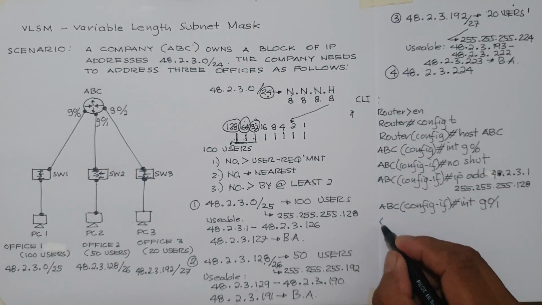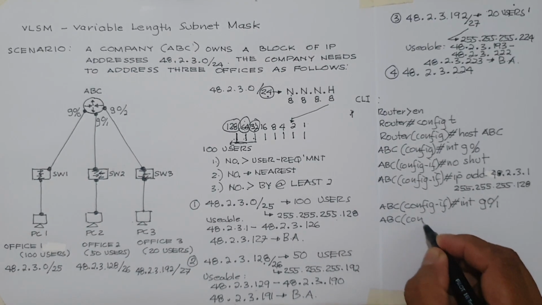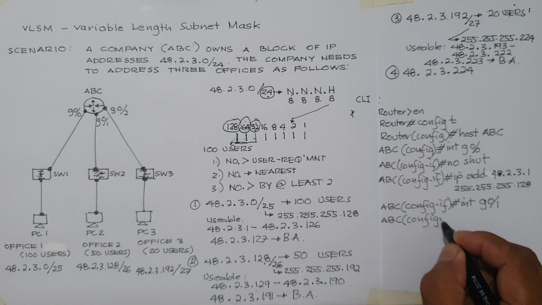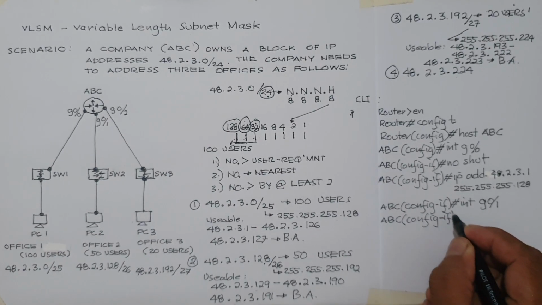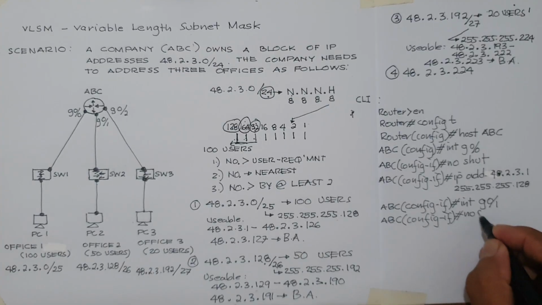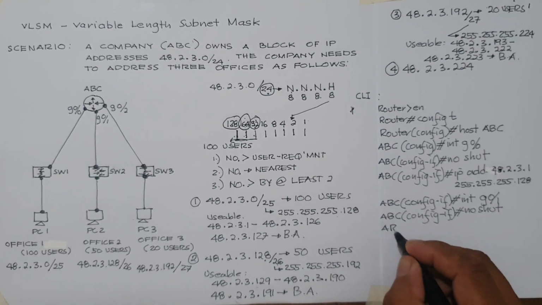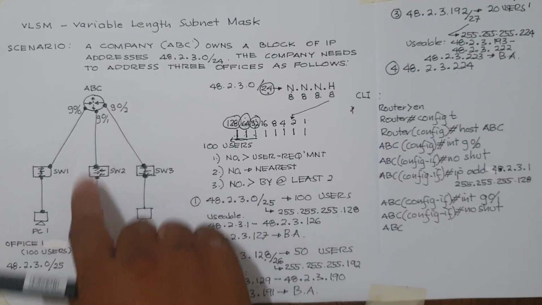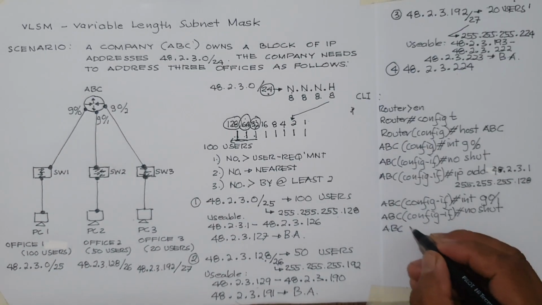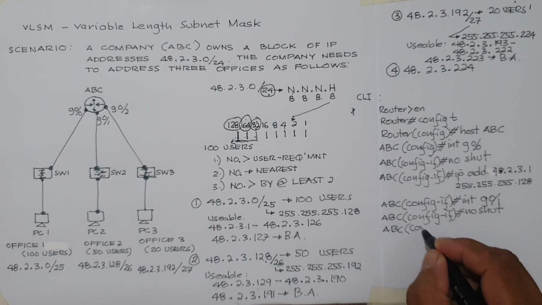So as you press enter, you now shift to the interface G01. Just like what we did here, we issue no shut. Okay, then press enter. This will turn to green, meaning G01 is now in up state.